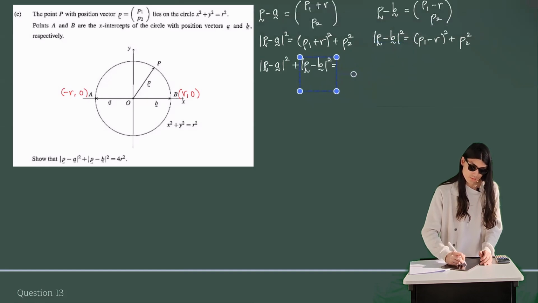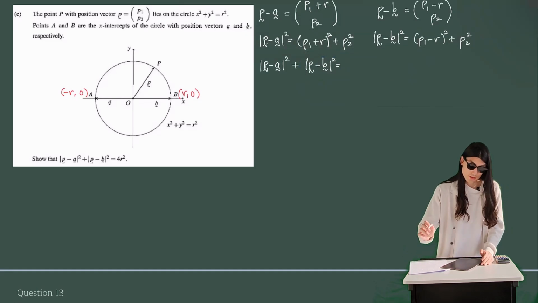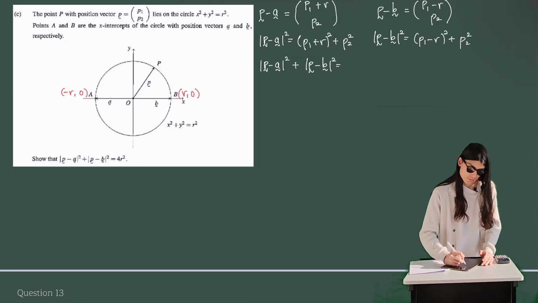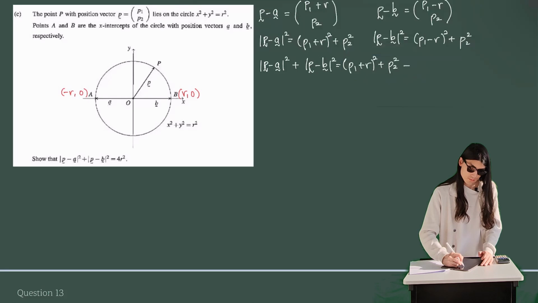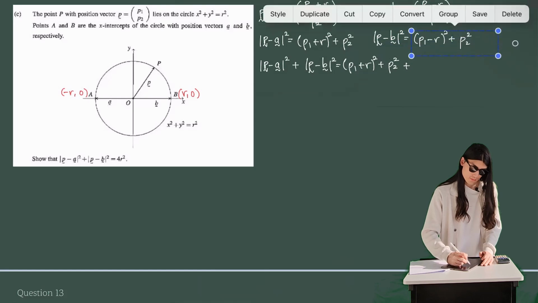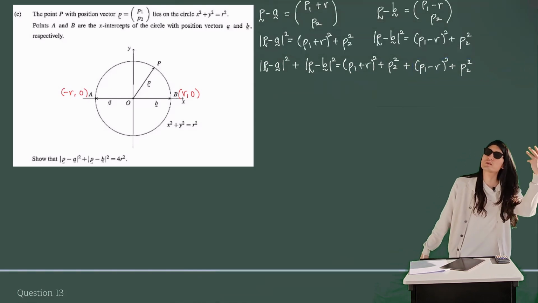Added. Which means what? Adding these two things, doesn't it? Adding those two things. So we end up with, well actually, I'll just copy and paste it first, and then I'll do the expansion.